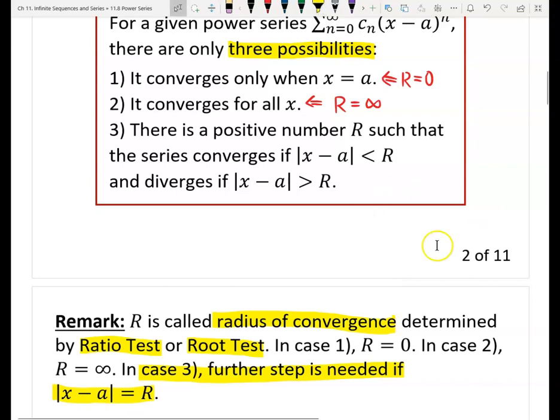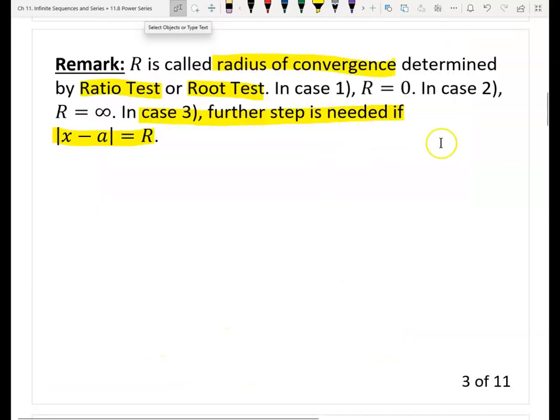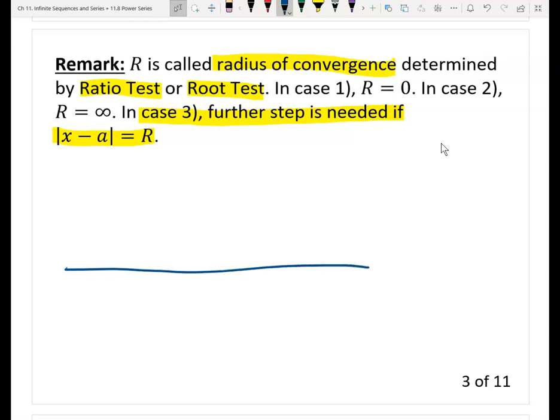And I'm going to draw a graph to show you how to understand this theorem. Let me draw a number line first, and we put a, which is the center.